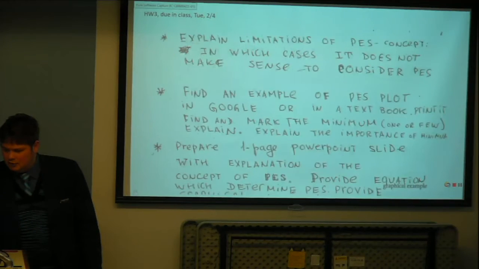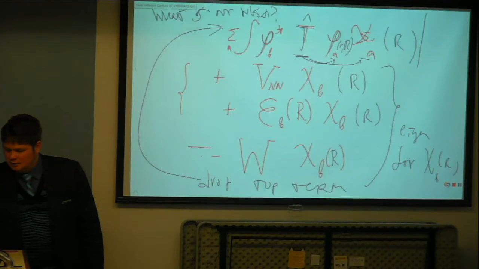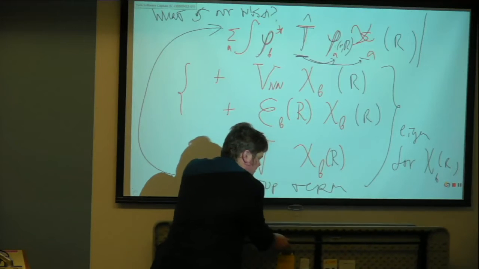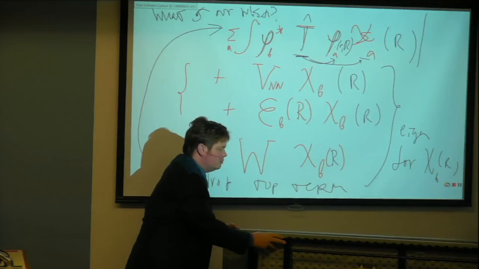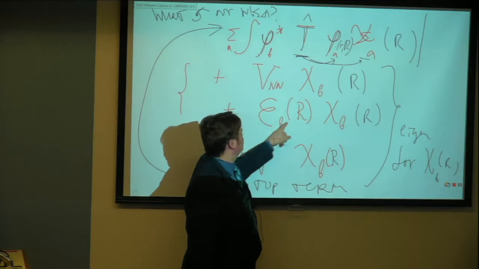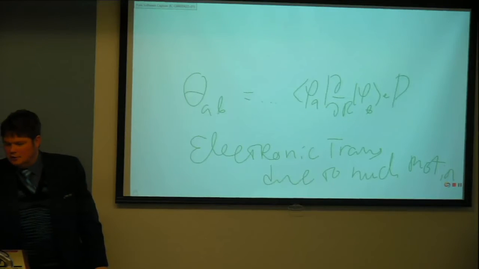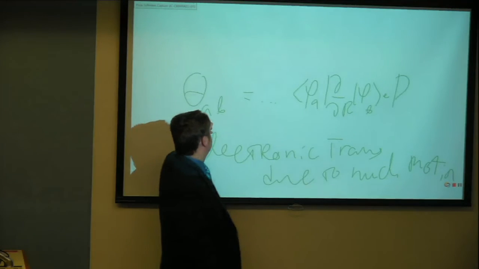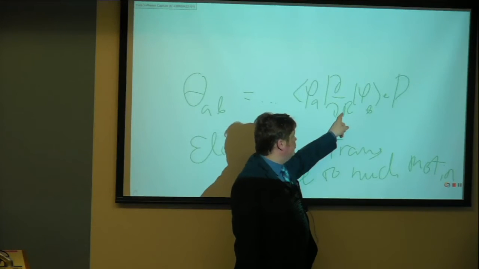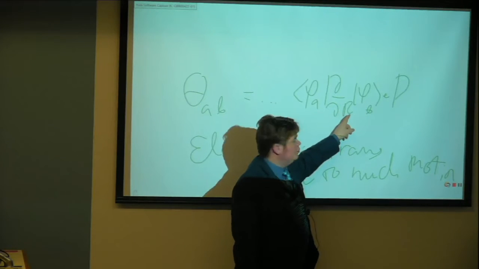Okay, we went over this a little. This molecular Schrödinger equation has electronic contributions here, and here's the kinetic energy that we did process and agreed to have the theta AB nonadiabatic coupling, which is a response of electronic wave functions to the change of nuclear positions multiplied by momentum of the nucleus.